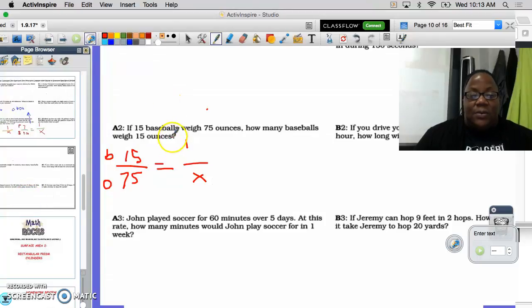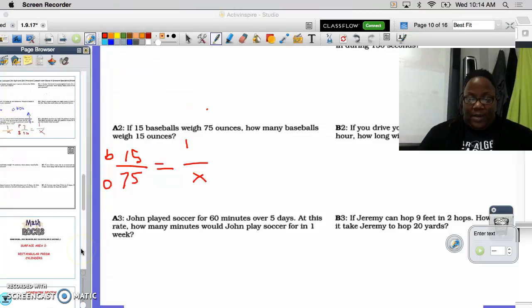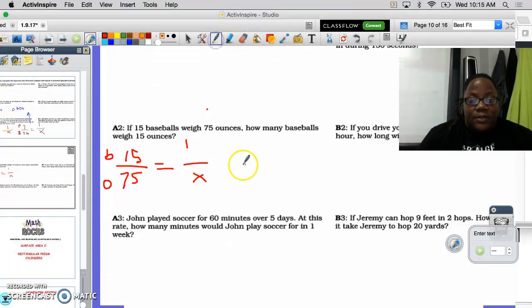We're going to cross multiply divide. So basically you have 75 divided by 15, which gives us 5. So one ball would be 5 ounces.